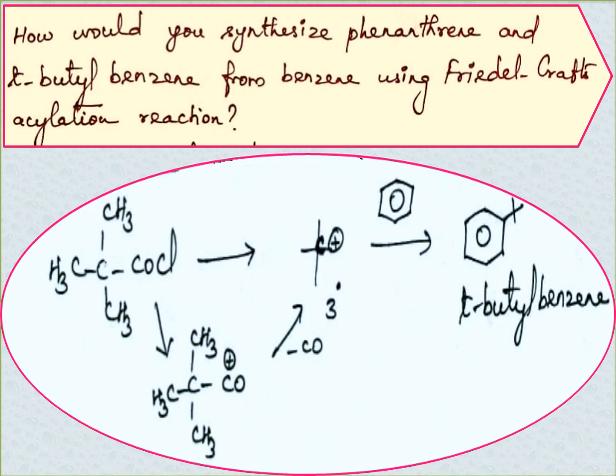And then we can see here how tertiary butyl benzene is produced from benzene through a Friedel-Crafts acylation reaction. This tertiary acyl halide is converted into a tertiary acylium ion, followed by the elimination of carbon monoxide.